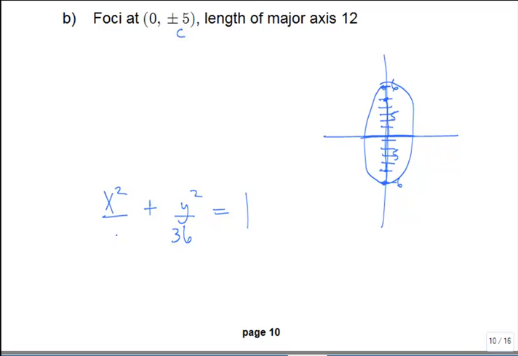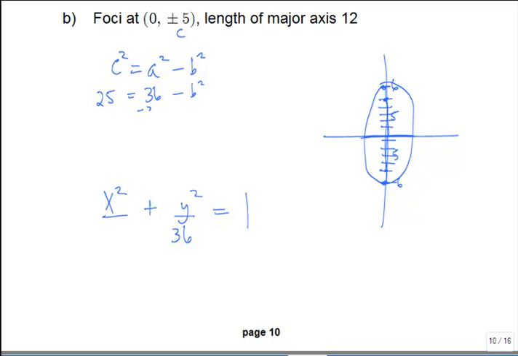And the only way to figure that out is to use our c. So c squared is equal to a squared minus b squared. The bigger square is the 36 because that was our major axis. We don't know the b squared, and we know c is this 5, so c squared must be 25.